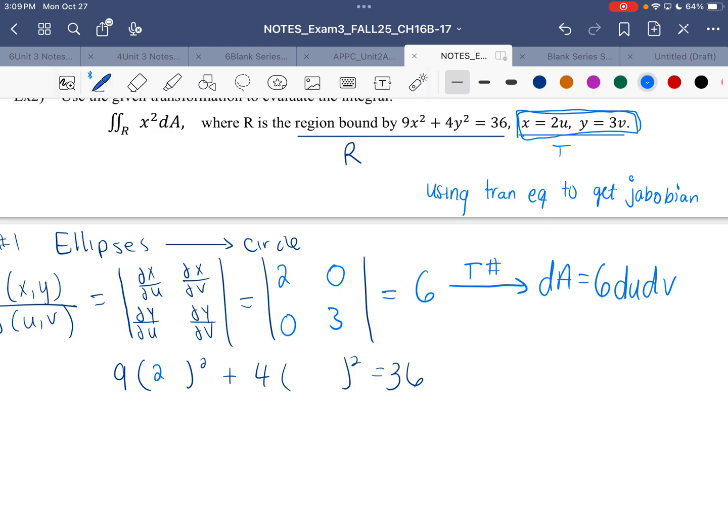Plug in x is 2u, y is 3v. I think we can do that math. 36u squared plus 36v squared is equal to 36.